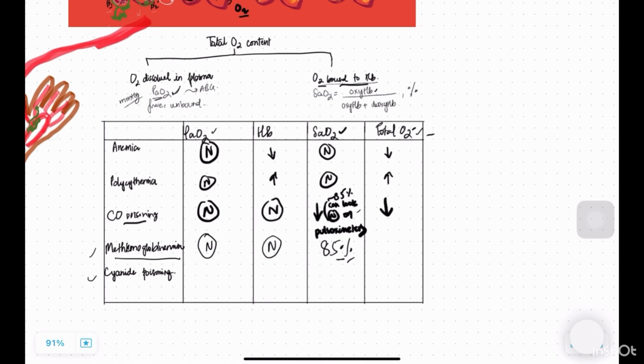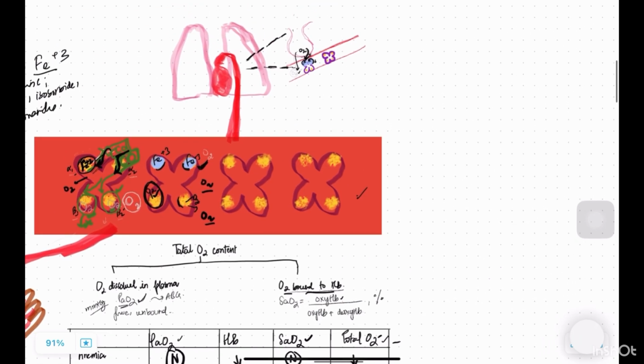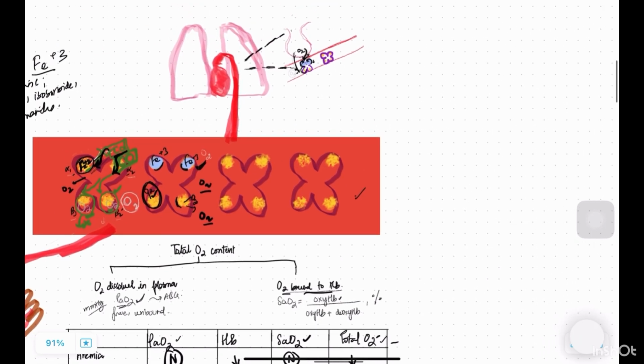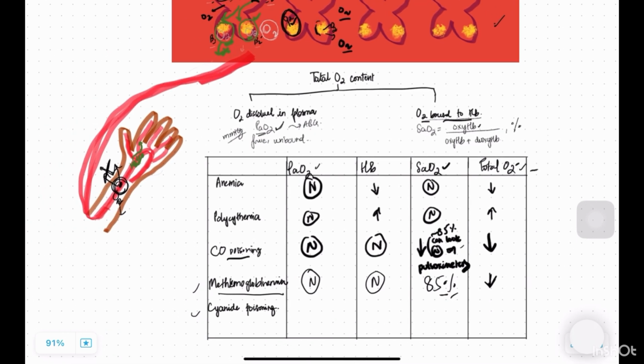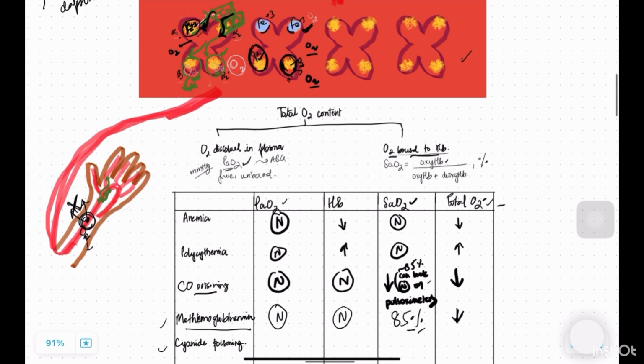And we've also discussed that total oxygen content is going to decrease because your hemoglobin is not able to pick up the oxygen and get saturated with it. And we've also discussed that the affinity of the oxygen that is actually bound to the ferrous ion is going to increase. So this is also not going to let go of oxygen, which will decrease your tissue content because your hemoglobin is not releasing oxygen already.